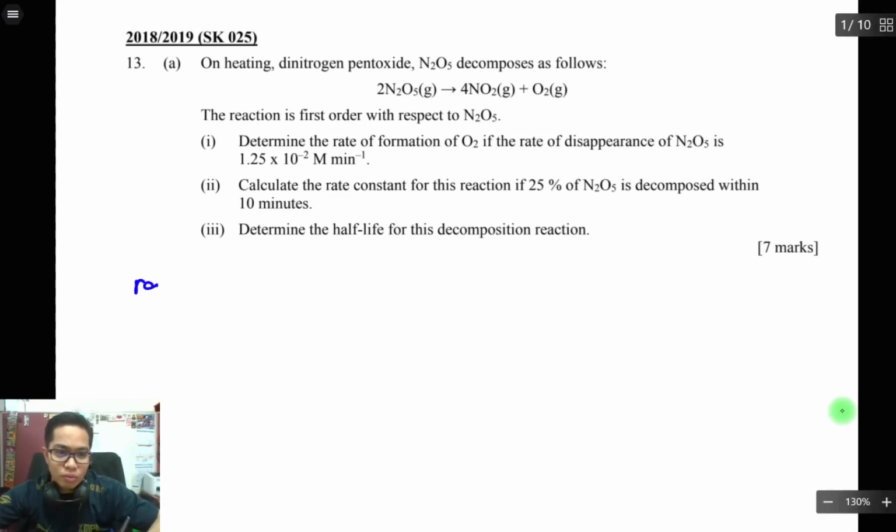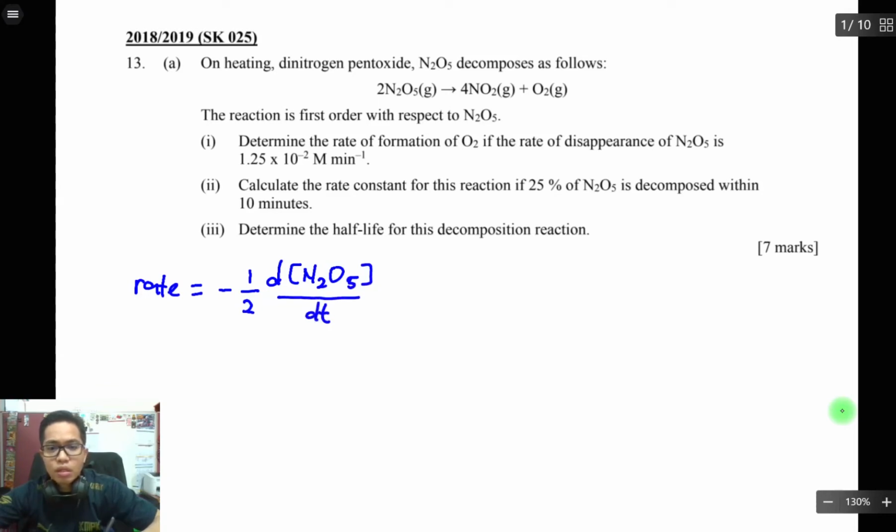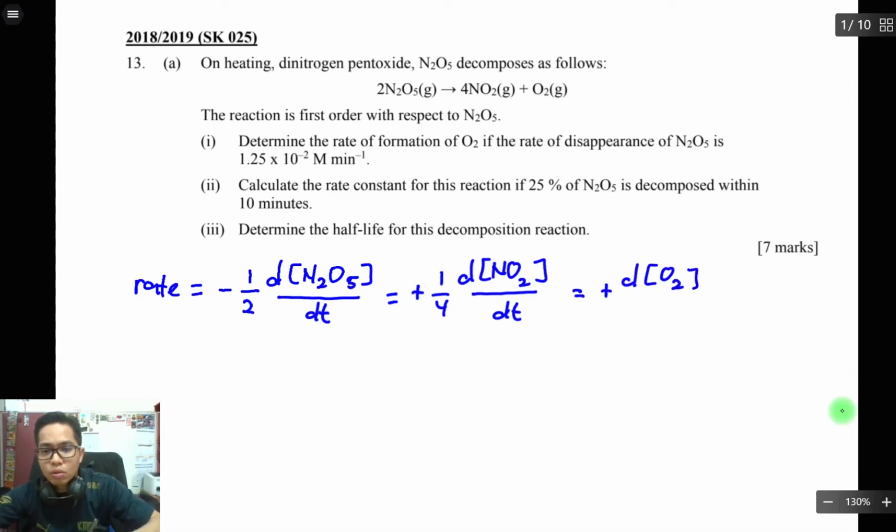So rate equal to negative 1 over 2 dN2O5 over dt, equal to positive 1 over 4 dNO2 over dt, equal to positive dO2 over dt.